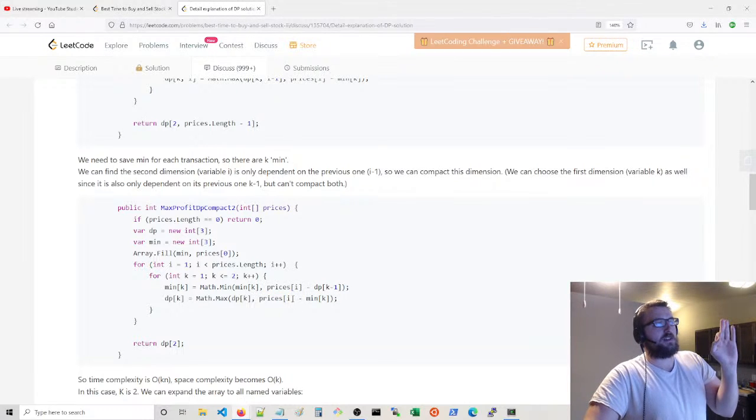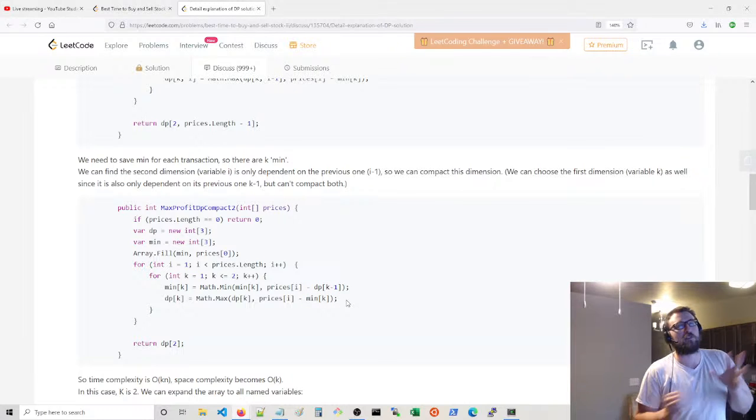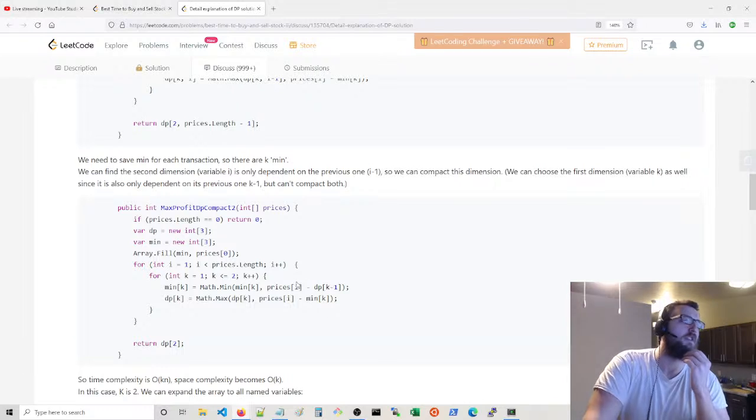Whatever we did last time, there's dp of 2, and there's some price difference between dp of 2 and the minimum at that point, which is min 1.